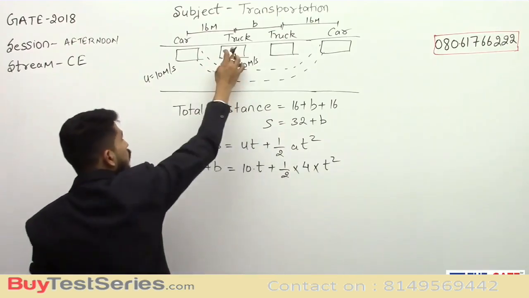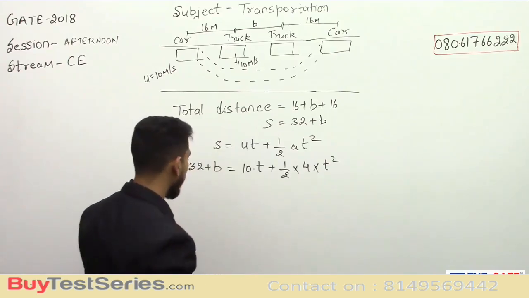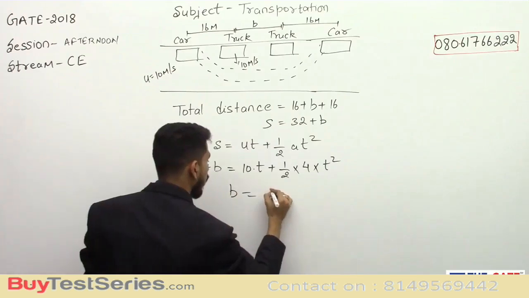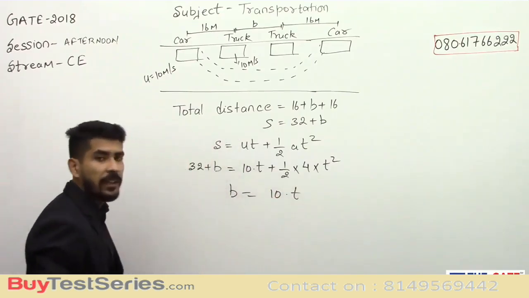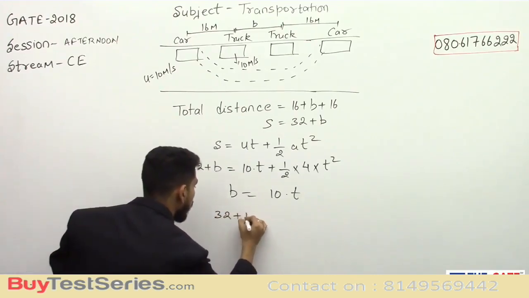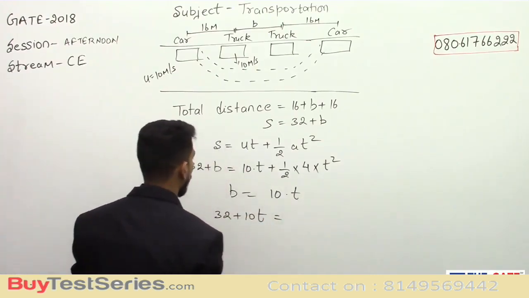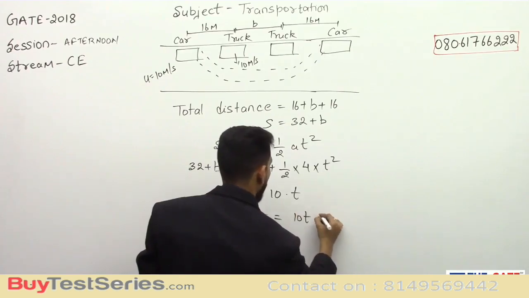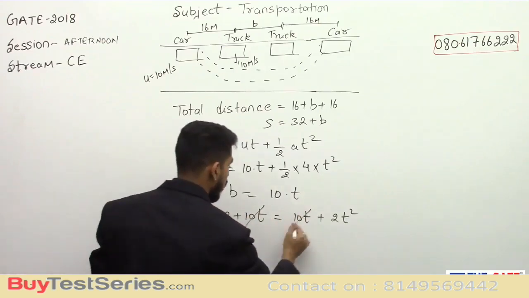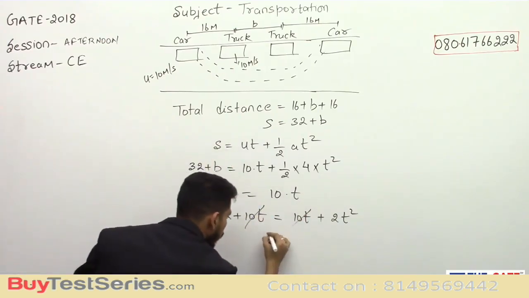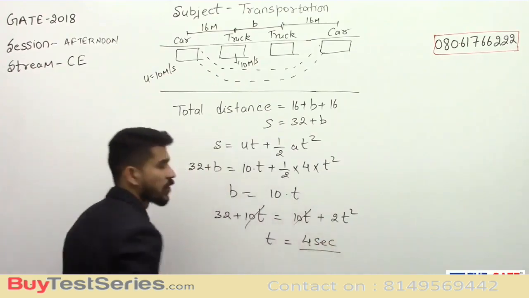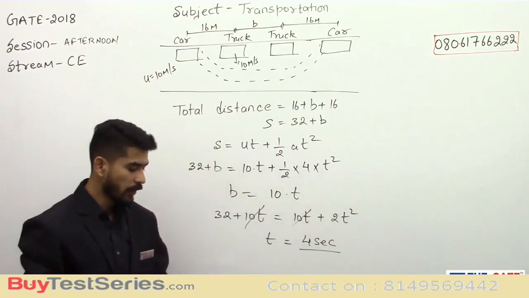So the truck is moving with a velocity of 10 meters per second and within a time of T seconds, so B will be equal to 10 into T. So when you substitute this here, it becomes 32 plus 10T equal to 10T plus 2T square. So this and this will get cancelled. When we solve this, we will get time equal to 4 seconds.